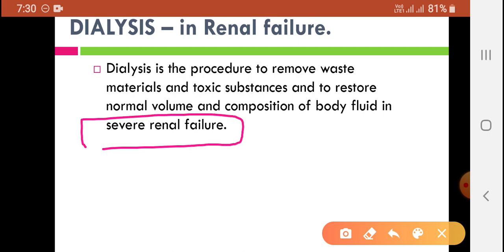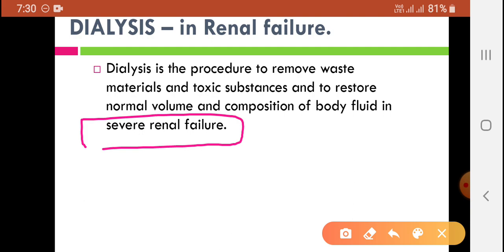In renal failure patients, whose kidneys have failed and filtration of blood is hampered, dialysis helps.